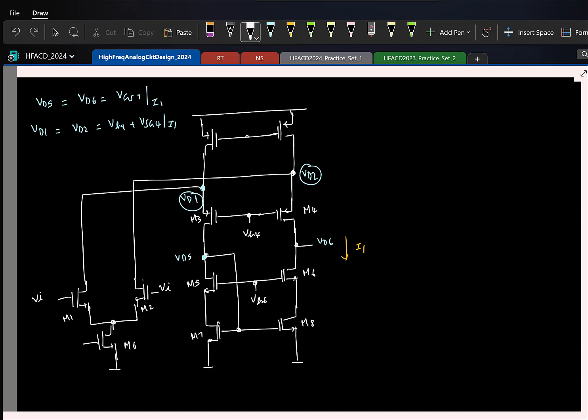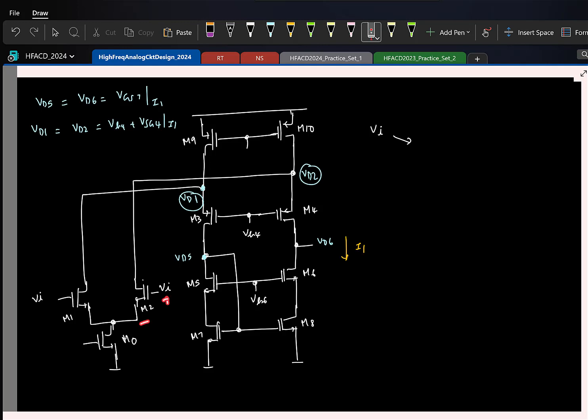Here I replace the current source with PMOS transistors M9, M10. Now can you quickly tell me, if I keep reducing the input common mode here, which transistor can go out of saturation? It's not M6, my 6 and 0 are looking similar. M0. So what is the minimum the input can go?